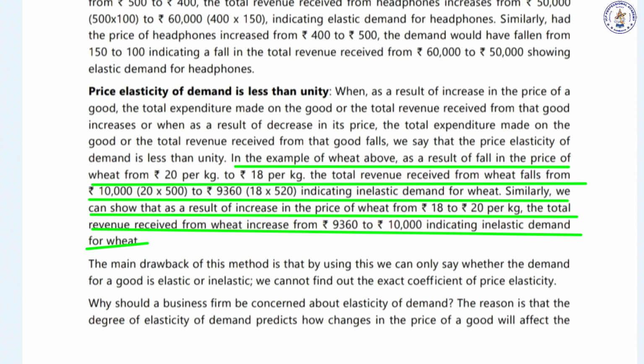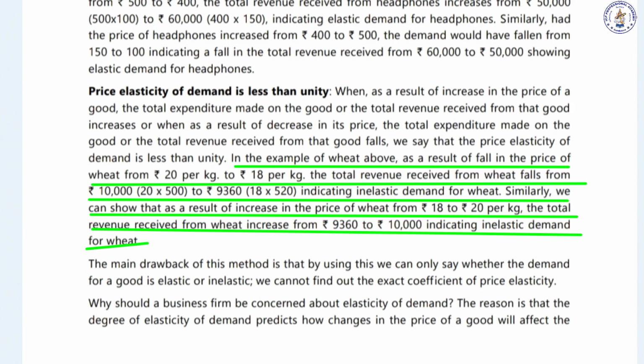And now see here, the price decreased, and the total revenue earned by selling also decreased. This indicates inelasticity. That is, when it was 18 per kg, the total revenue was 9,360, and when it was 20 per kg, the revenue was 10,000. Even though the quantity demanded increased, the revenue decreased.